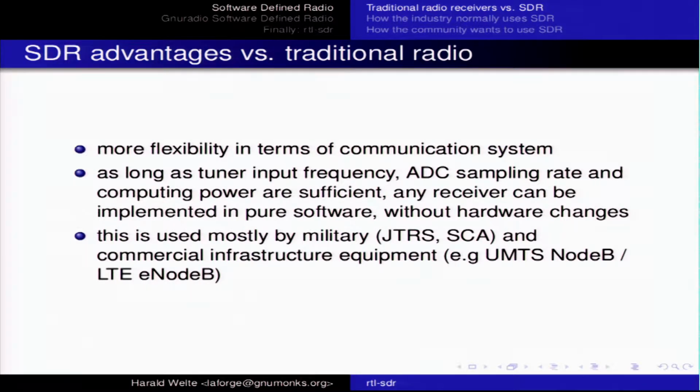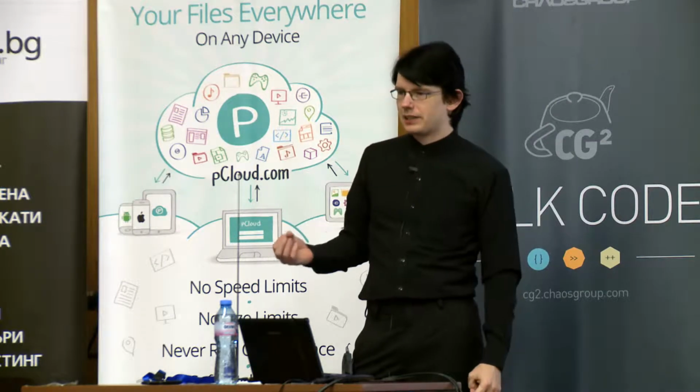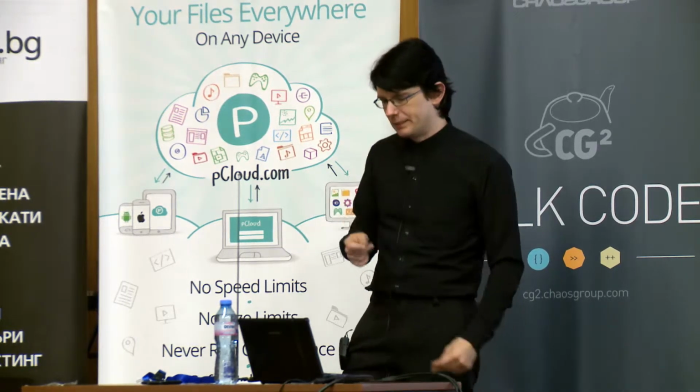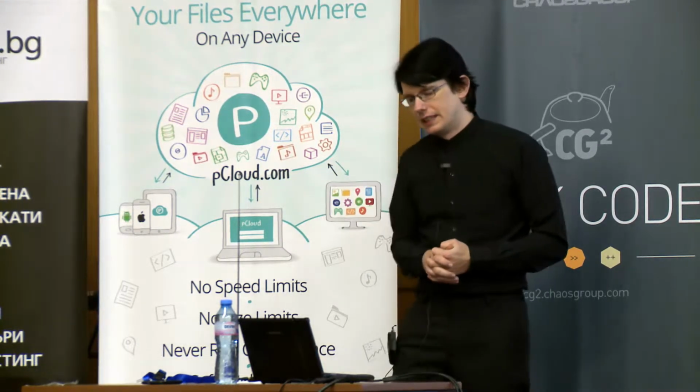You don't have to build one specific radio receiver for FM radio, and stop there, then build another for AM broadcast radio, and stop there, and yet another for analog TV reception, and do the same again for each and every radio system that you want to implement or play with. You get a lot of flexibility because you don't have things hardwired in analog hardware by selecting components, but you can do that in the digital, software domain.